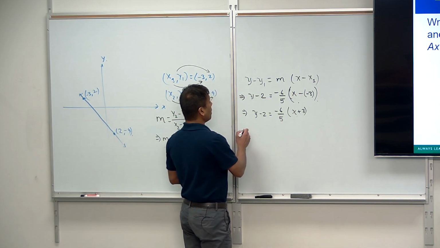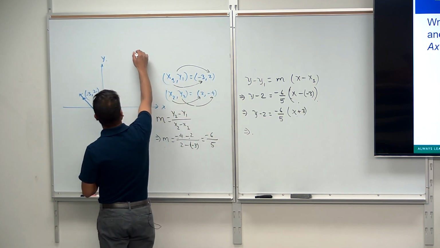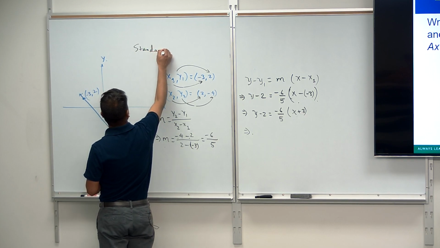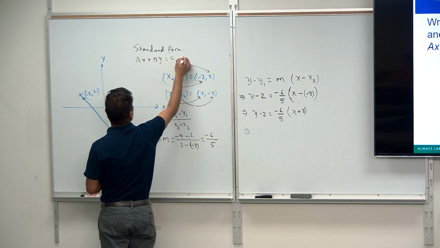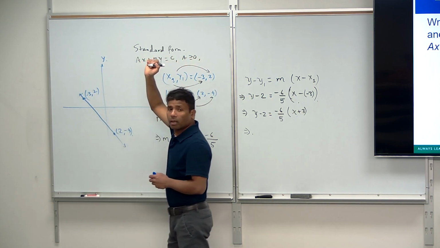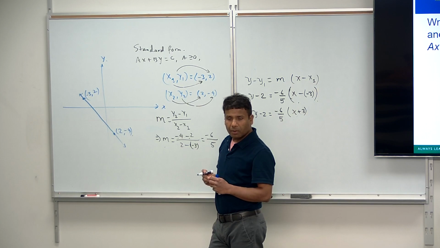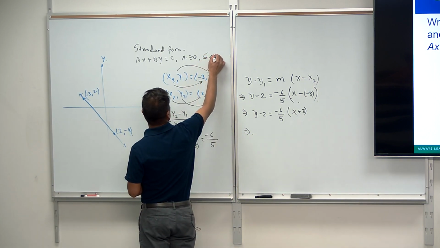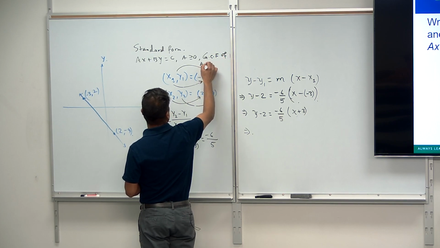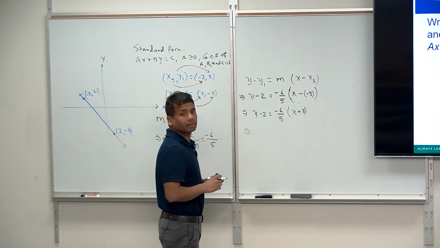Now you remember you have to find the equation of the line in standard form, which is ax plus by equal to c, where a is greater than or equal to 0, and the greatest common factor of a, b, and c is 1.